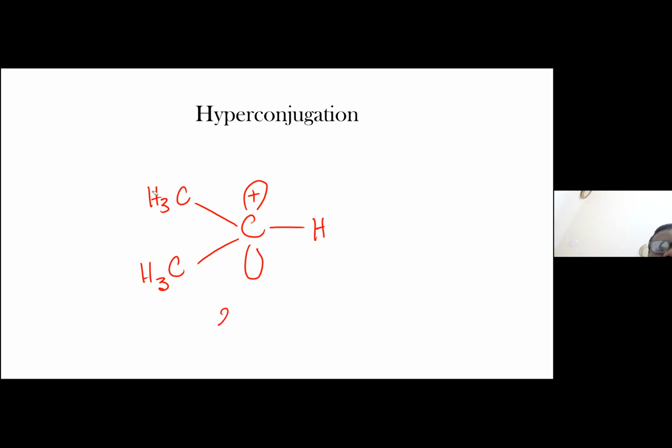So let's just draw in a carbon like this. And let's say that there's going to be CH3 right here, and let's put a hydrogen right there. This would just be a secondary carbocation. To think about hyperconjugation, let's draw in the hybridized orbitals on these carbons.